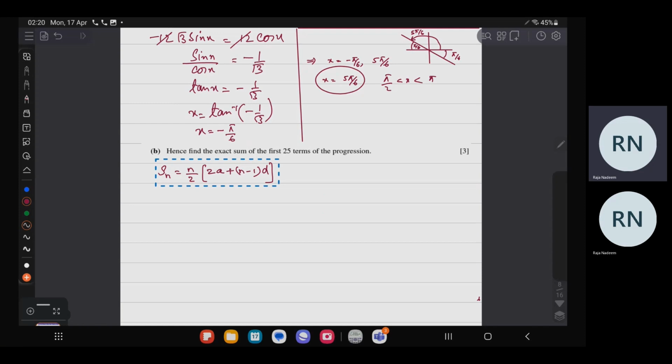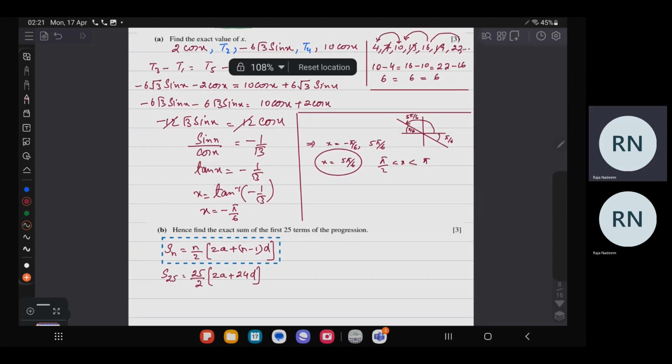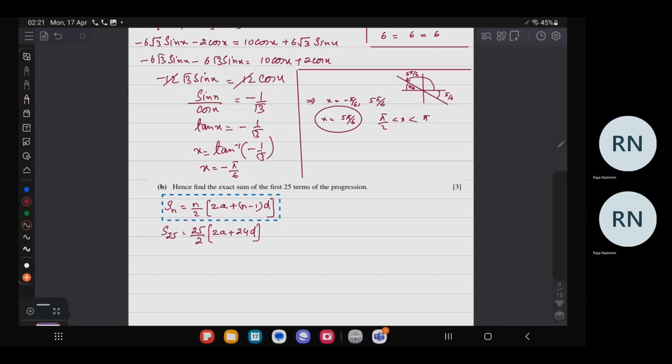We need to find the sum of the first 25 terms. So S25 would be equal to 25 over 2 into 2a plus 24d. The problem is to find the values of a and d. As we have 2 cos of x as a, a is equal to 2 cos of x, and at x equal to 5 pi by 6 we will get the value of a.